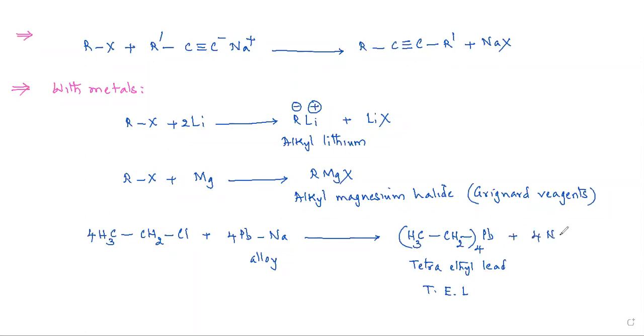We'll also get sodium chloride and of course lead. You know, this tetraethyl lead is used as an anti-knocking agent. We have seen octane number in alkanes. You know, this TEL is added to petrol in order to prevent knocking, explosion. Okay.